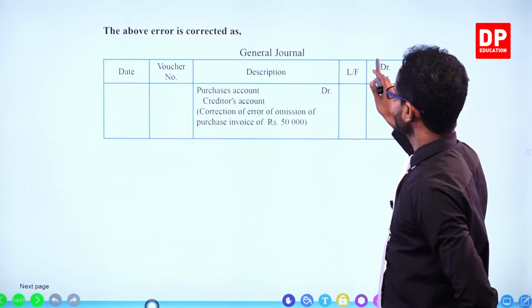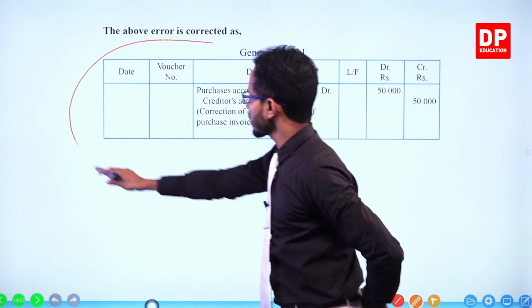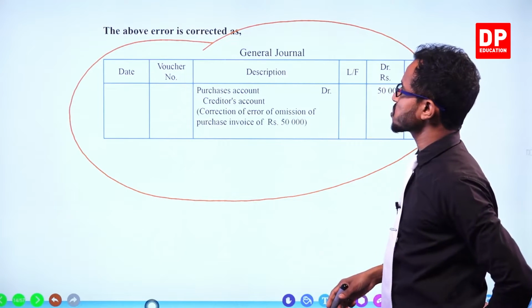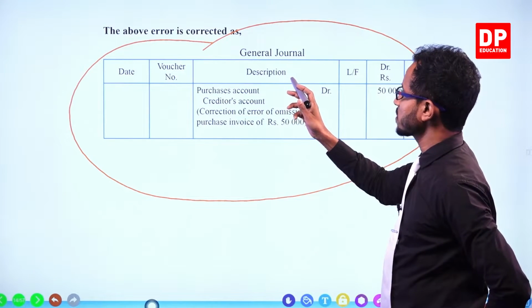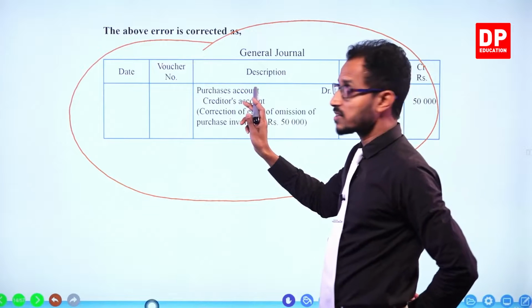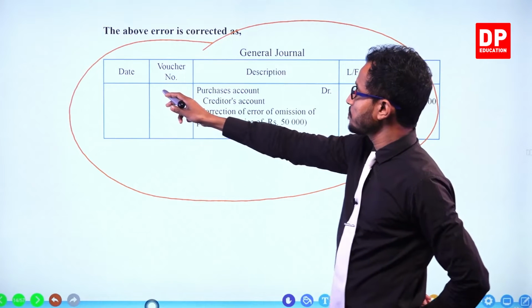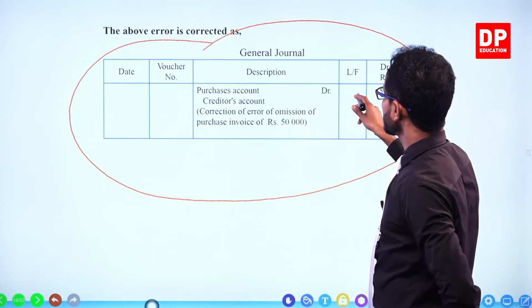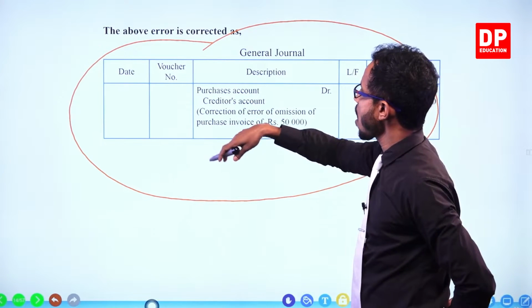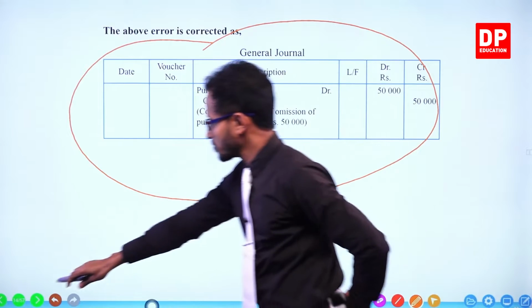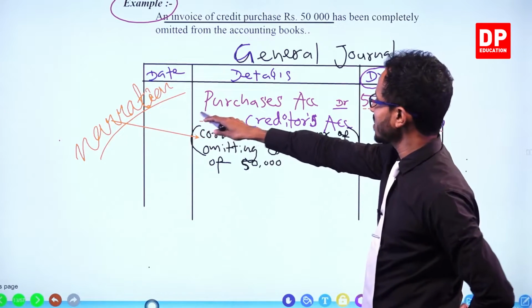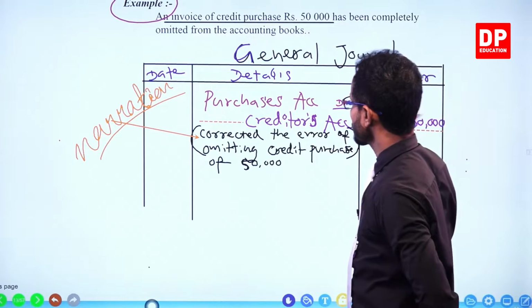This is what the book has offered you. The book is showing the correction entry or the rectifying entry like this. Date, voucher number, description, ledger folio, debit, credit. I just drew the basic format with only the necessary columns: date, description, debit, credit.